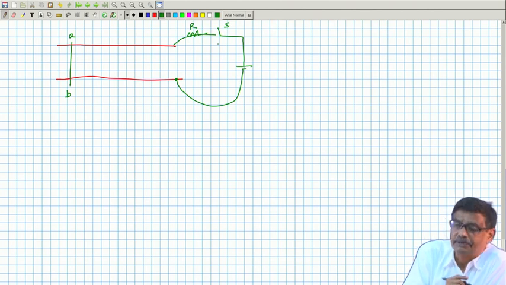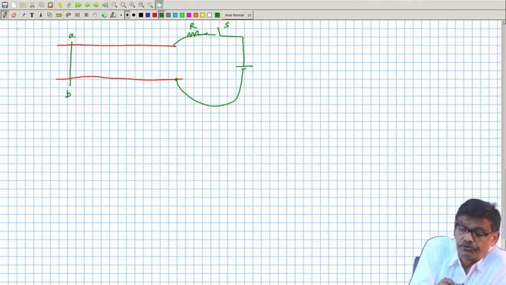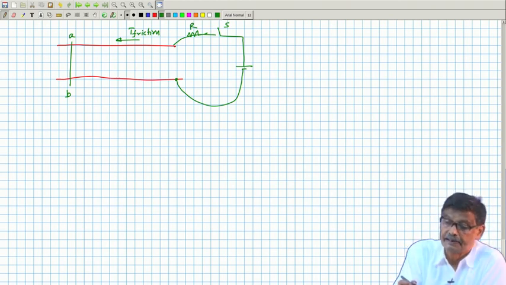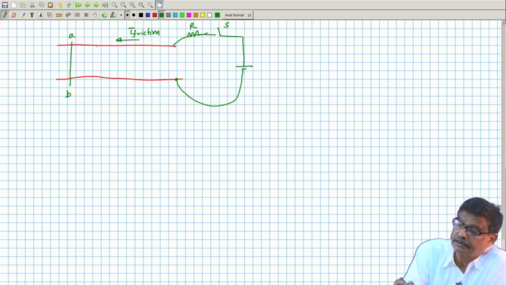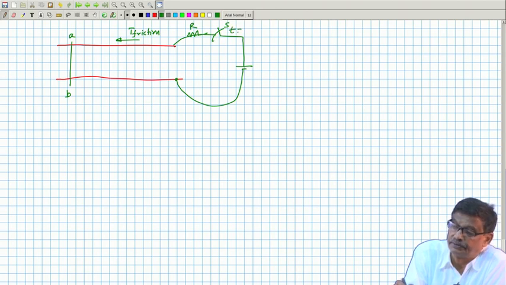But this time I am telling that the track is not frictionless. A constant friction force is acting. So, there is a constant friction force in this direction, T friction, present on the track, and you close the switch at t equal to 0.